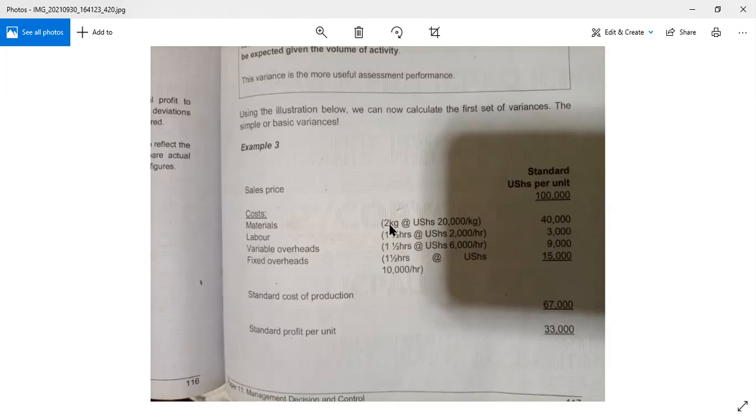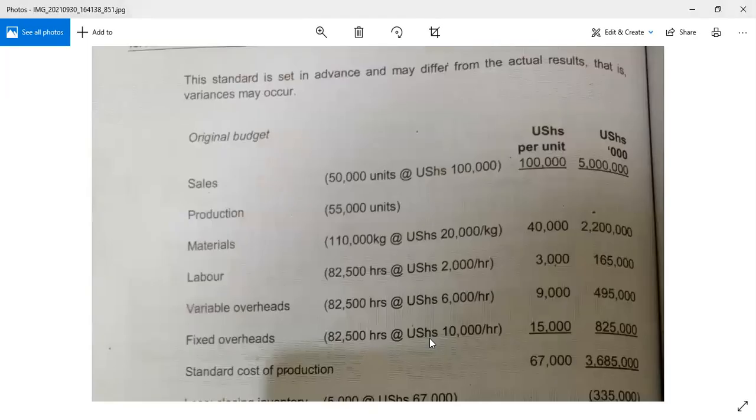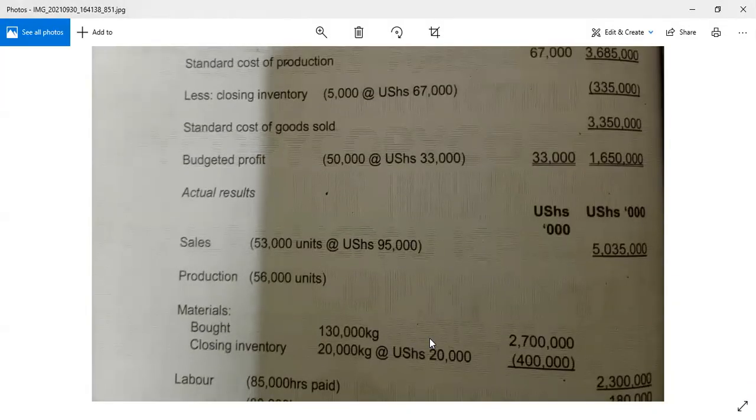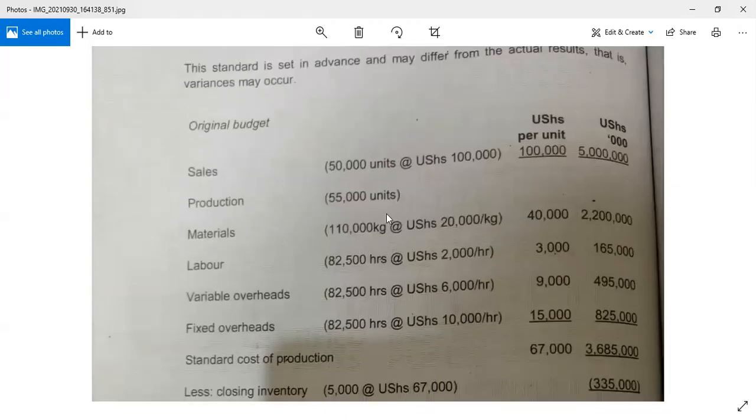But what did we exactly use? What we exactly used is what we have right here. This is the original budget. Okay, this is the original budget. So this is like the actual. As you can see, we have 110.